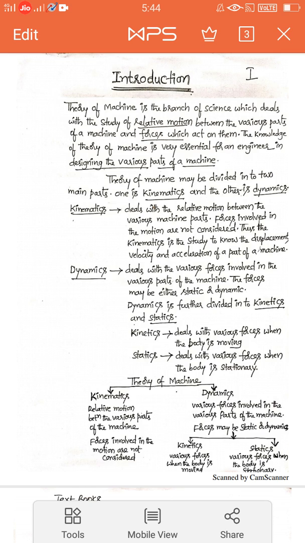All these 5 modules will be covered, and from each and every module 2 full questions will be given from the end examination point of view.